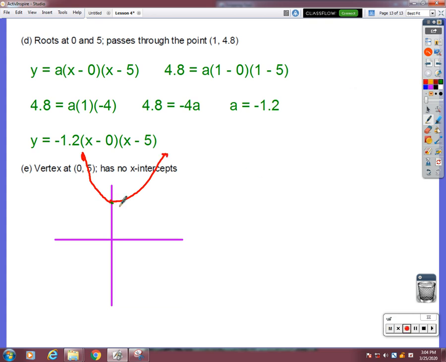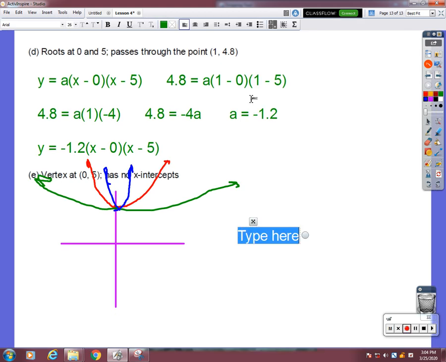It could look like this, and that would work. It could look like this, and that would work too. So not enough information. So the only way that you can do it if you know 2 points like that is if one of them is, well, I don't know. That's just not enough information.